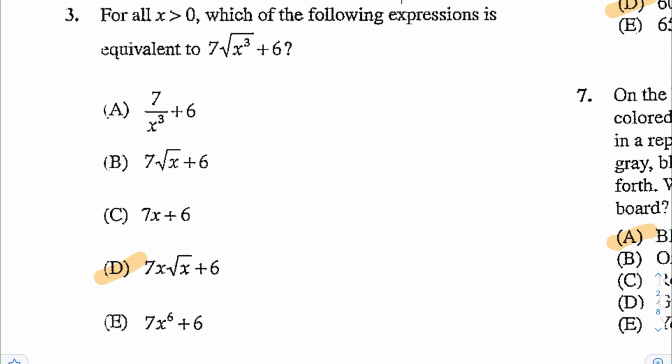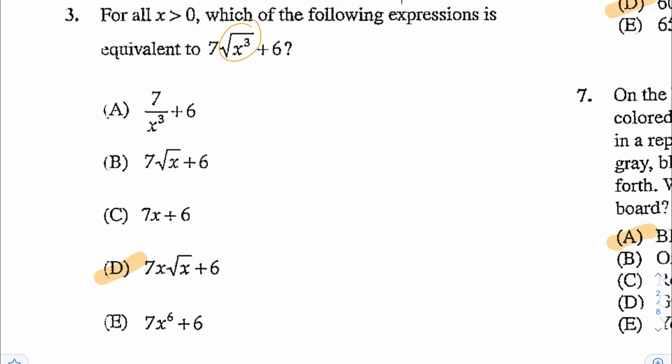All right, next one, number 3. For all x greater than 0, which of the following expressions is equivalent to 7 times the square root of x cubed plus 6? All right, so you have to pretty much just simplify this. And these aren't like terms, so you can't really do anything to it. The only thing you can do is simplify the square root of x to the 3rd power.